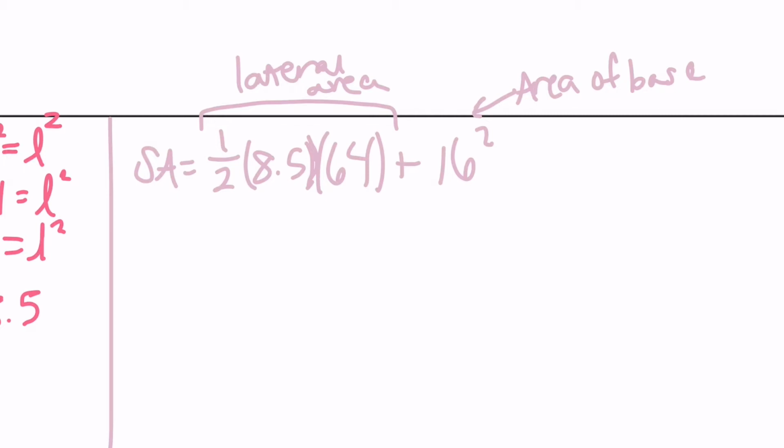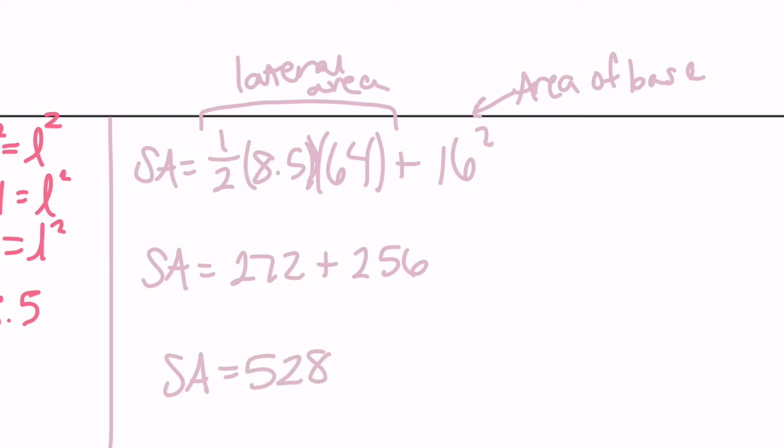And then you put that in your calculator and solve for the surface area. So 272 plus 256. So my surface area equals 528 feet squared.